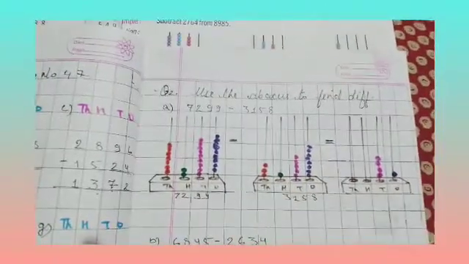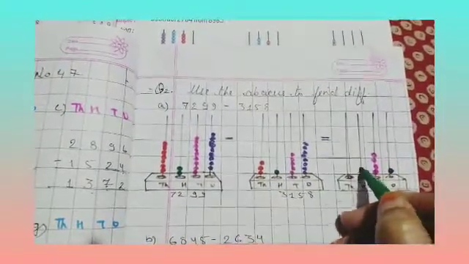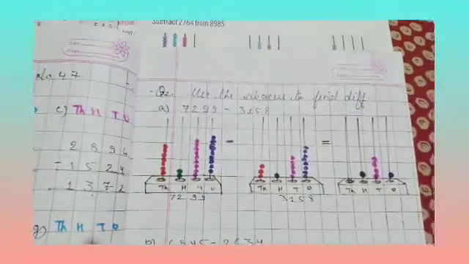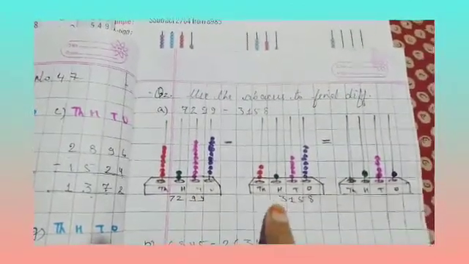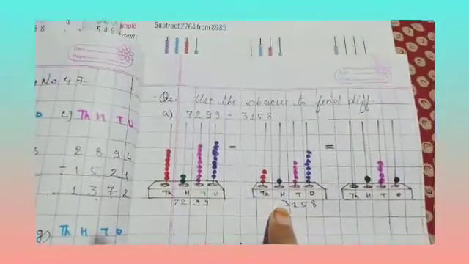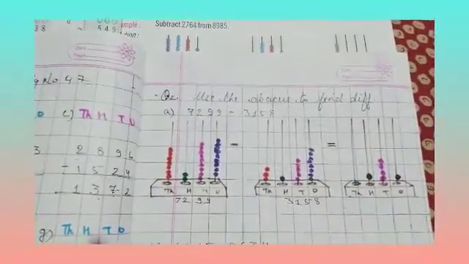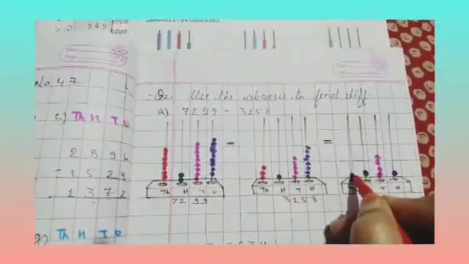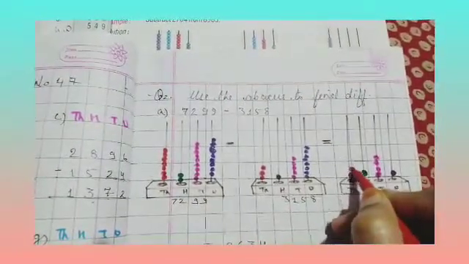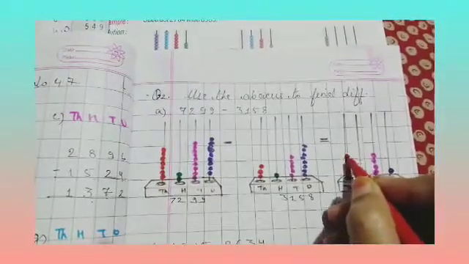So how many beads are less? 1. So we are going to put 1 bead. Now at the 1000 place 7 beads are there and here 3 beads are there. So how many beads are less? 4 beads. So we are going to put 4 beads over here. 1, 2, 3 and 4.